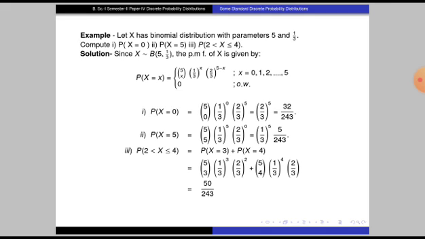These 3 events are X is equal to 0, X is equal to 5, and X lies in the interval 2 to 4, 2 open and 4 closed. Okay, so we will try to find out the probabilities.